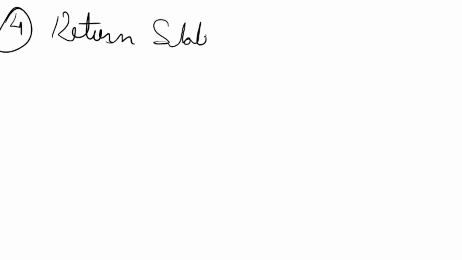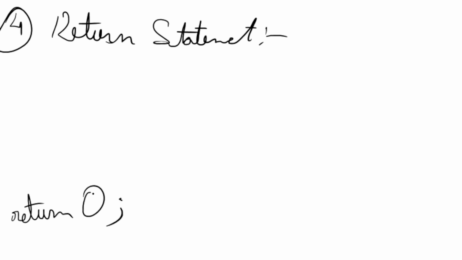Okay, now let's see the last one, which is our return statement. So return statement is used to exit the current function. You saw in our previous programs that we use a command at last, return 0. So this is the statement we used to discuss as a return statement.